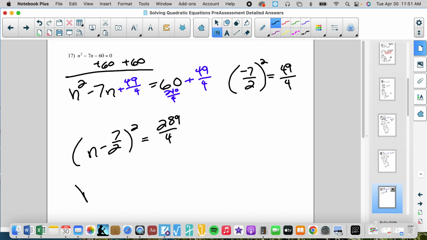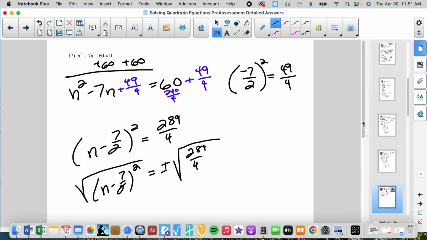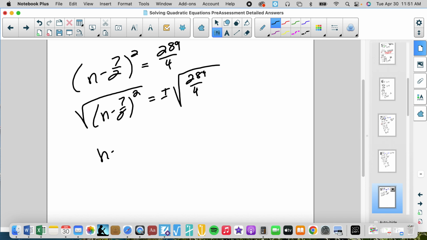And now we'll take the square root of both sides, n minus 7 halves, quantity squared, equals plus or minus rad 289 over 4. You get n minus 7 halves, because the square and the square root cancel. Now we can separate those into their own radicals. And you get n minus 7 halves equals plus or minus the square root of 289.